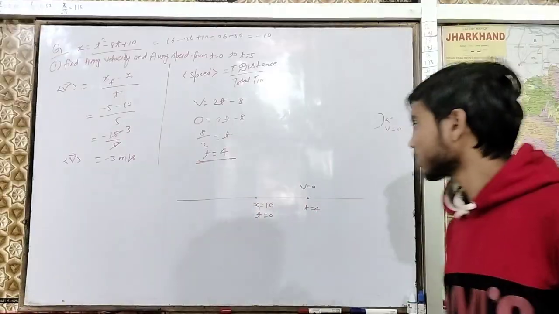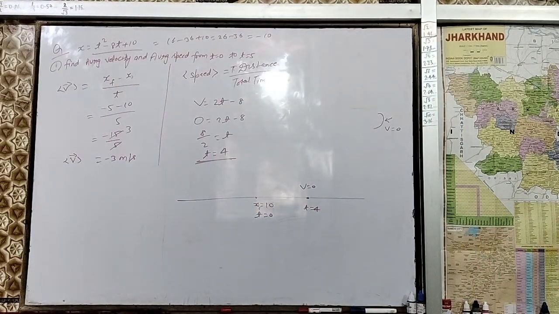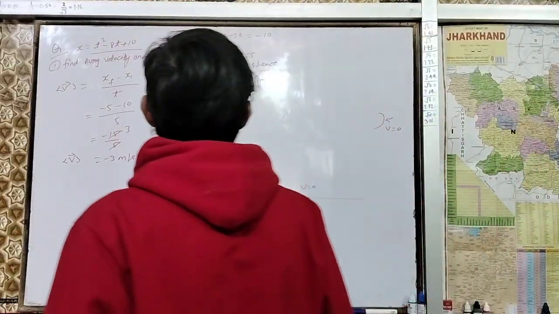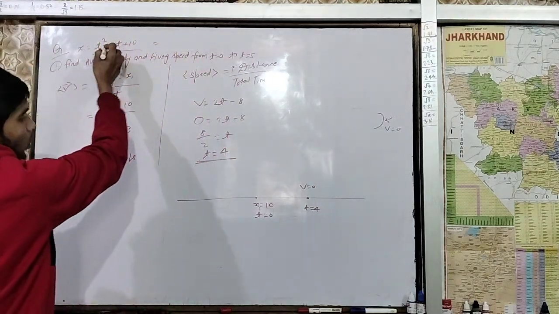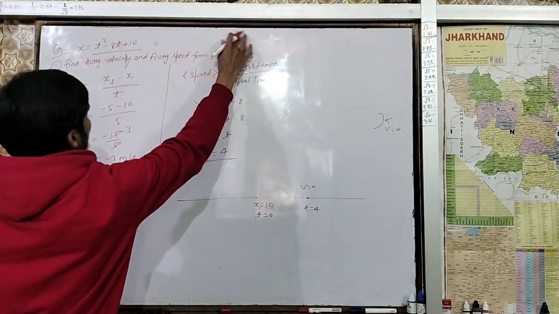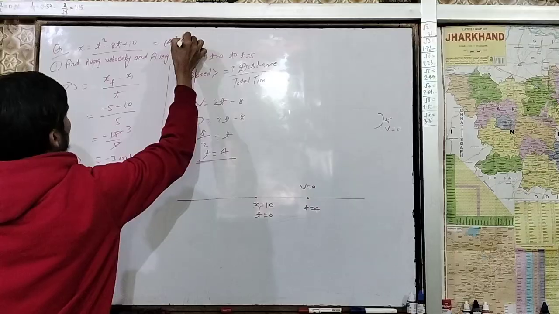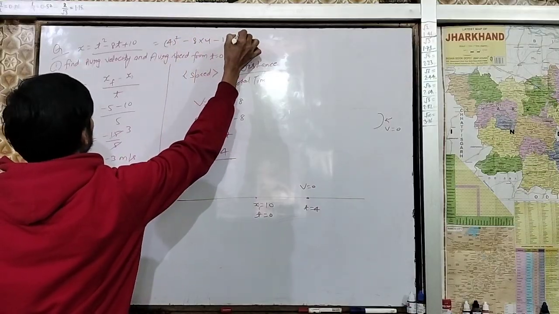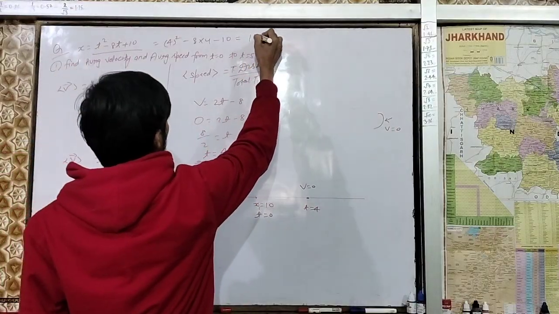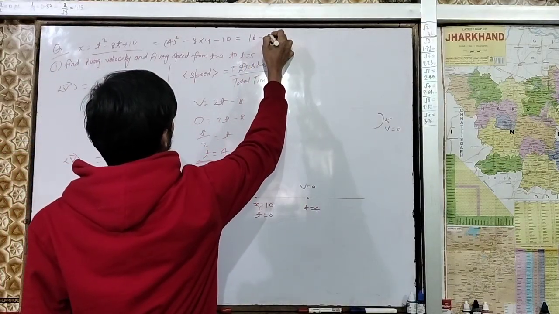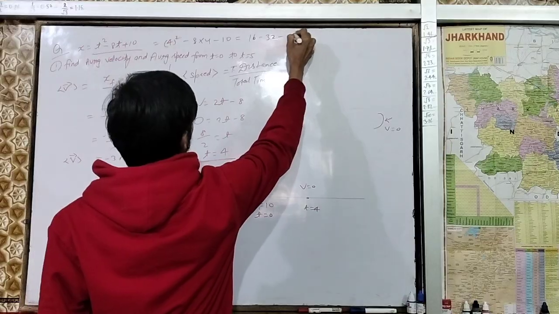X is equal to 10, t is 0. This is correct. Minus 6 times 4, minus 8 multiplied by 4, minus 10. 4 4s are 16, minus 32, minus 10.